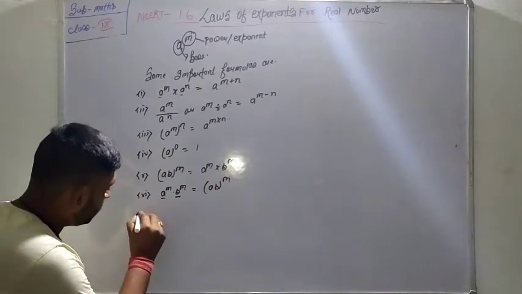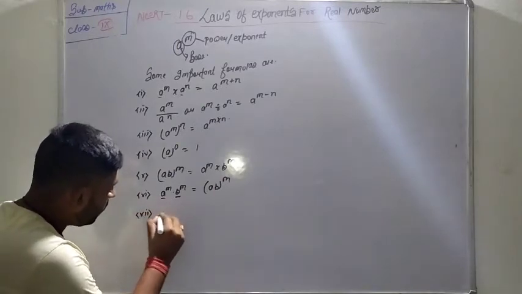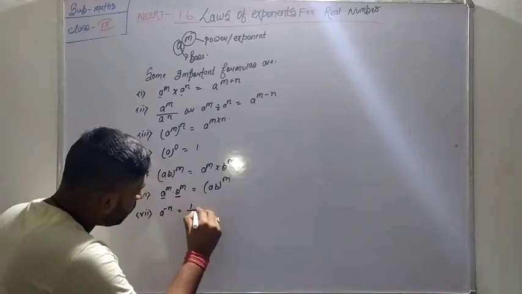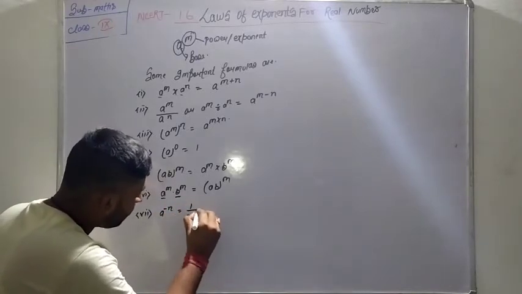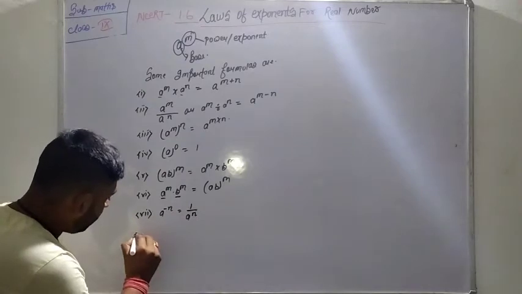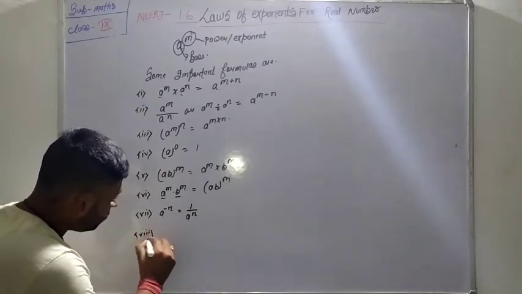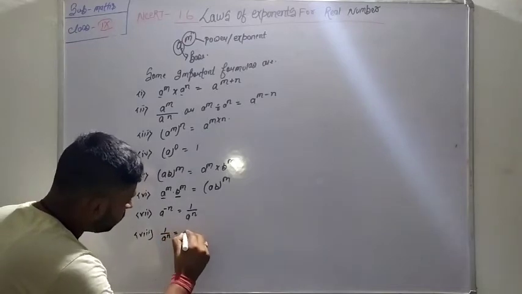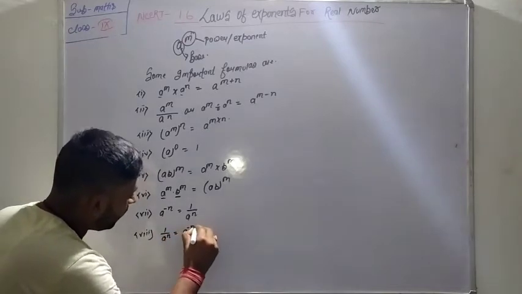And number 7: a raised to the power minus n is equal to 1 upon a raised to the power n. And number 8: 1 by a to the power n is equal to a raised to the power minus n.